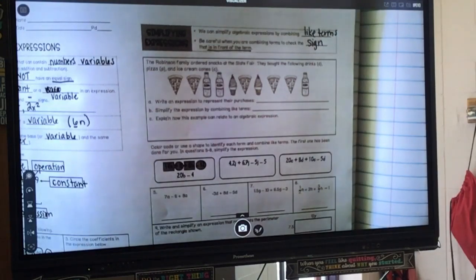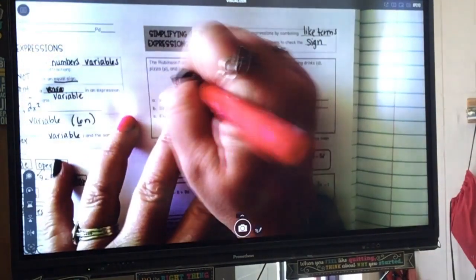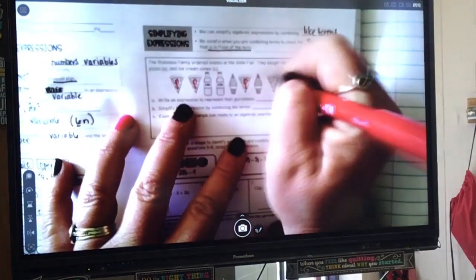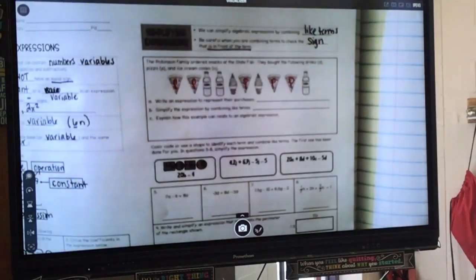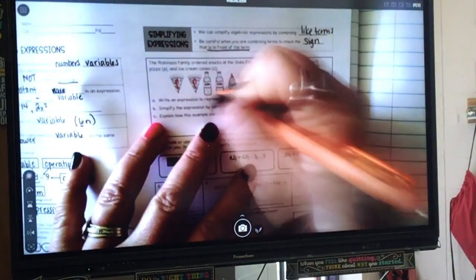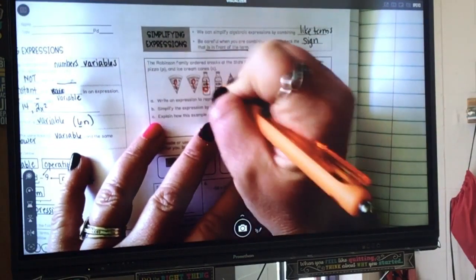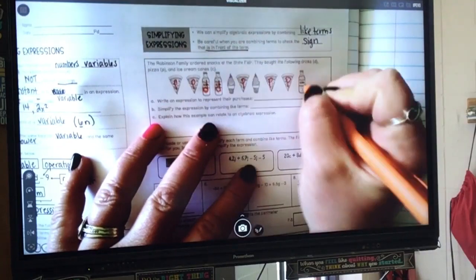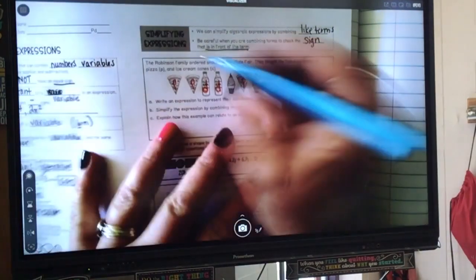For every pizza that you see, you're going to put a P on that piece of pizza. Then pick a color for the drinks, and put a D on top of that one. And then for ice cream, you're gonna put a C.